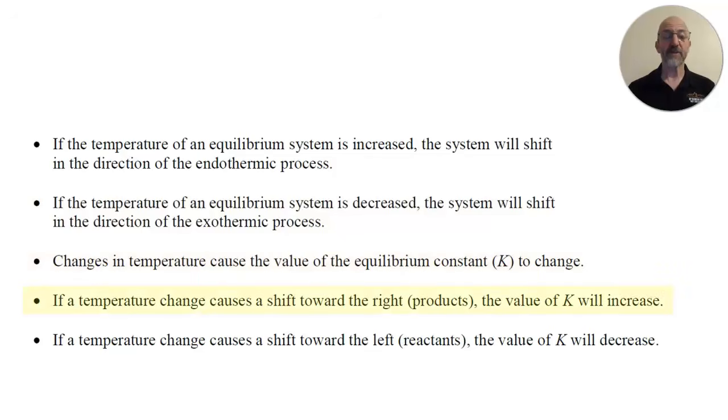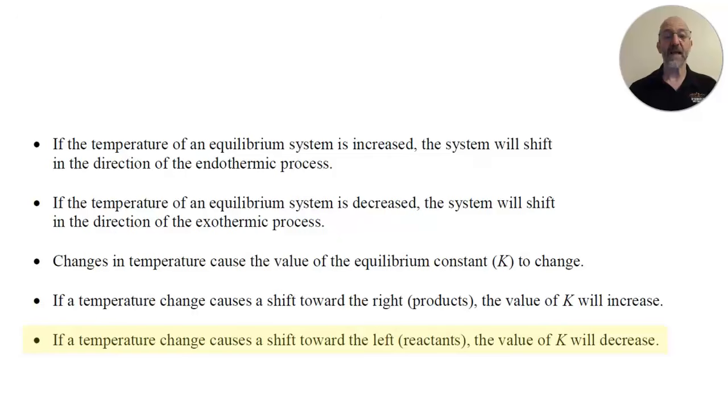Now, if the temperature change causes a shift toward the right, toward the products, then the value of the equilibrium constant K will increase. But on the other hand, if a temperature change causes a shift toward the left, toward the reactants, then the value of the equilibrium constant K will decrease.